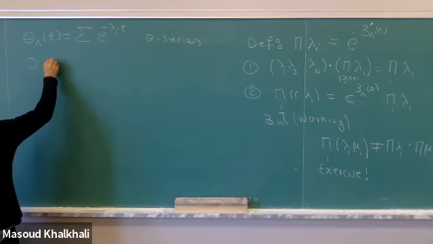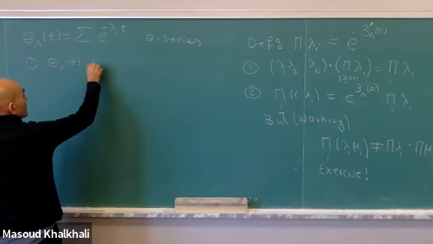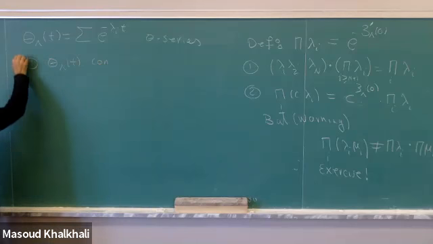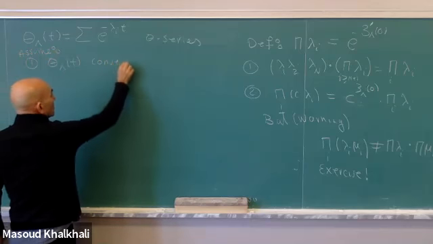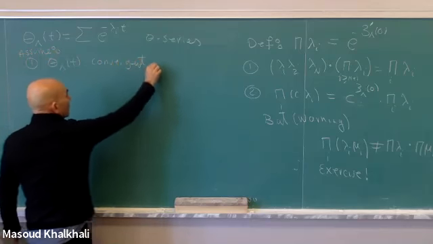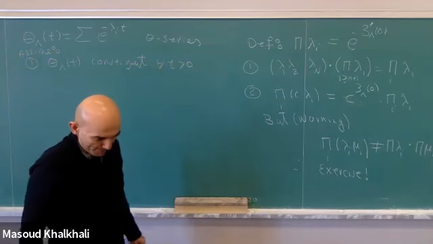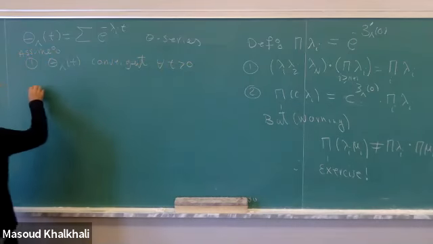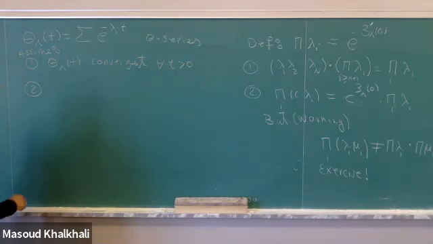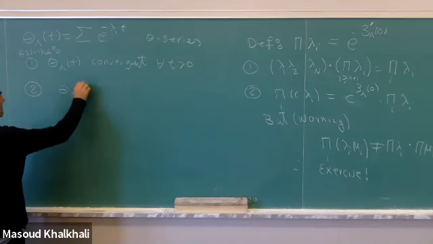So first of all, theta lambda t is convergent. So okay, I have to write something, right? Assume this is convergent for any t positive. Yeah, so this series, let's assume, is convergent for any t positive. Second, let's assume that there exists an asymptotic expansion of theta lambda t.